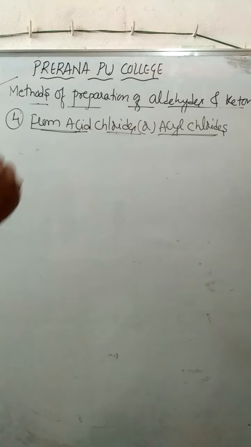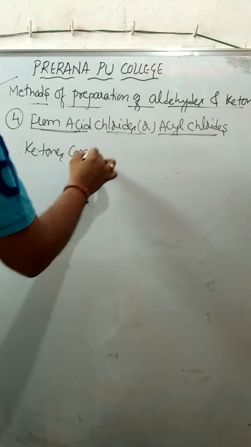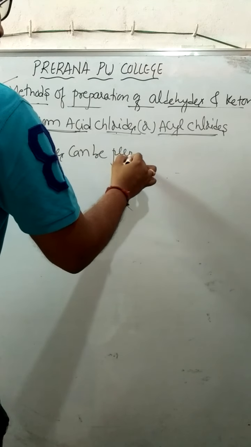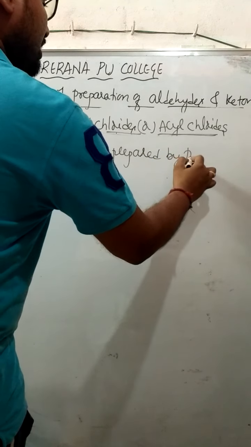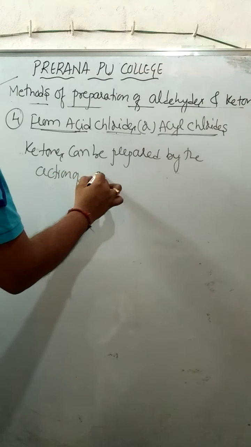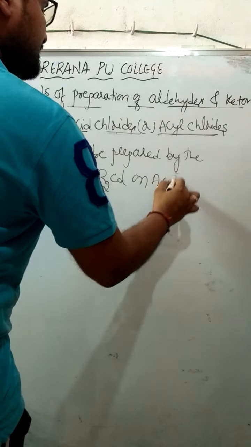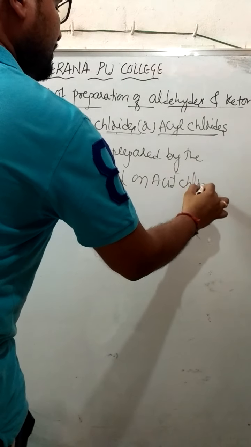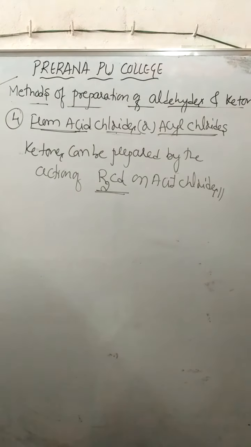So here I can tell that ketones can be prepared by the action of dialkyl cadmium on acid chlorides.